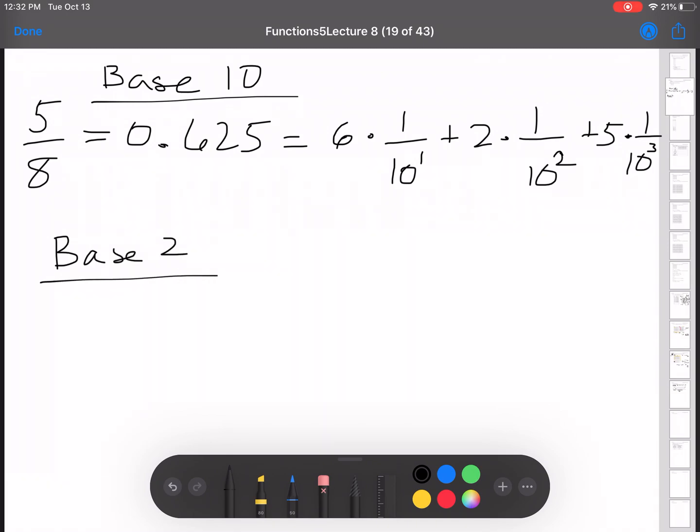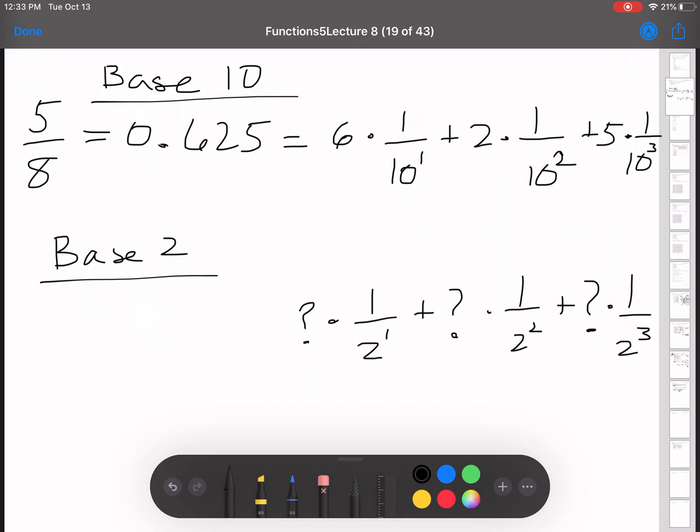In base 2, we do basically the same idea, except instead of 1 over 10 to the 1, we have some number, either a 0 or a 1, times 1 over 2 to the 1, plus some number, either a 0 or 1, times 1 over 2 squared, plus some number, either a 0 or 1, times 1 over 2 cubed, and so on, forever and ever.